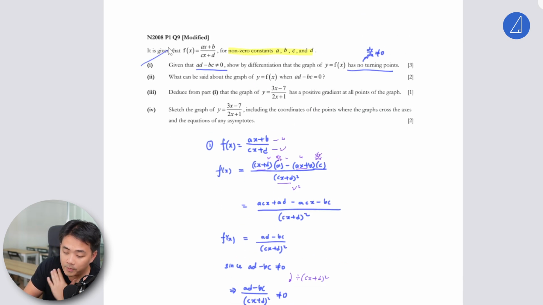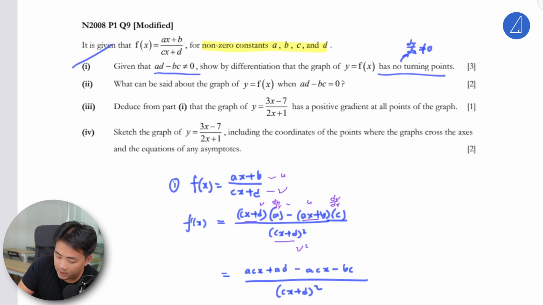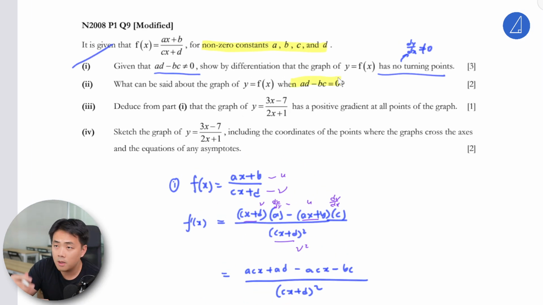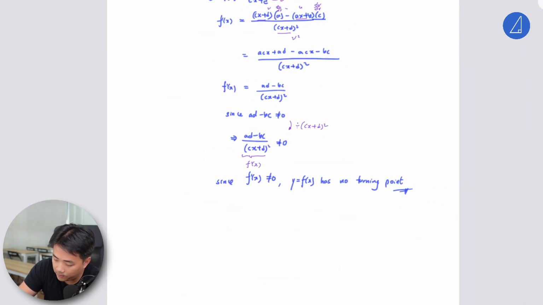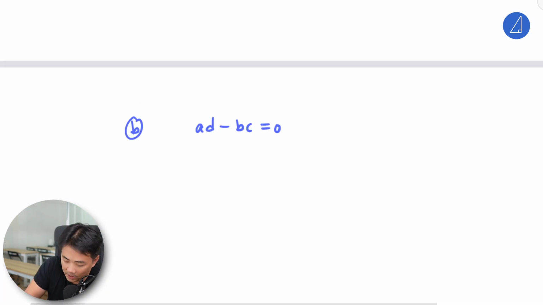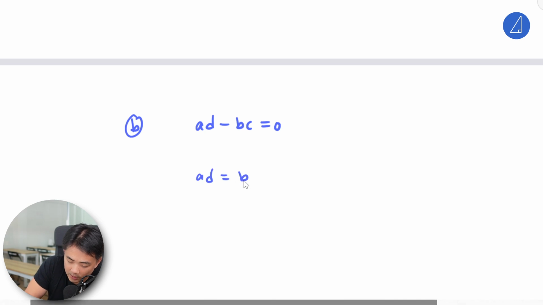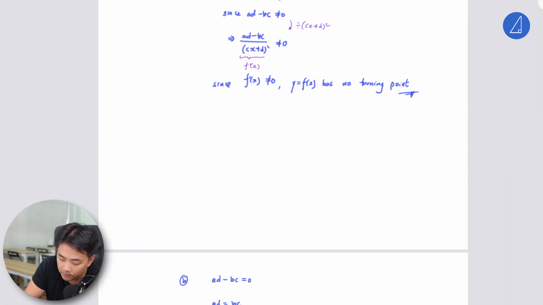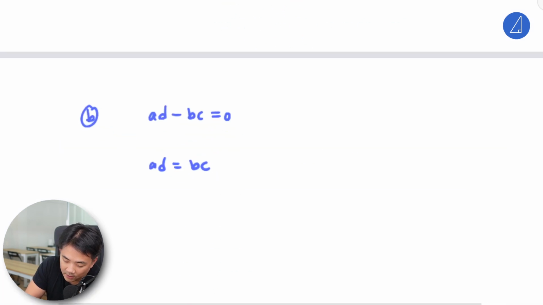Then we look at the next part, part 2, which is a bit challenging, but pretty okay also. If ad - bc equals 0, it just means that f'(x) can be 0, and in fact, it's always 0. So for part b, ad - bc is 0, so ad equals bc, and f'(x) is always 0.